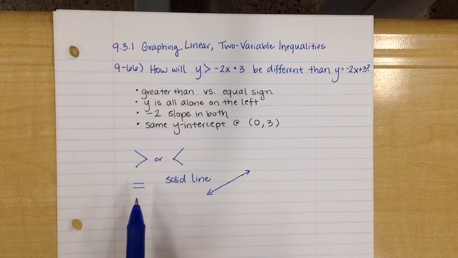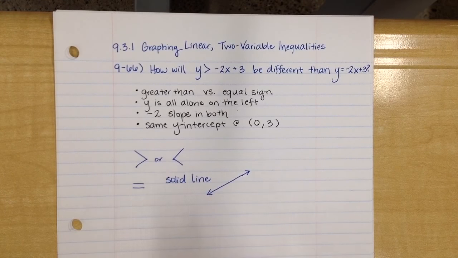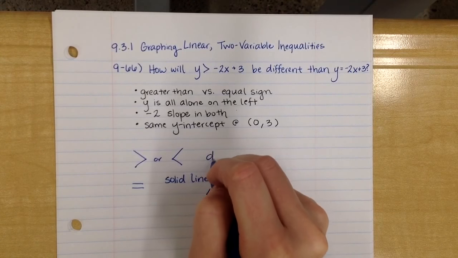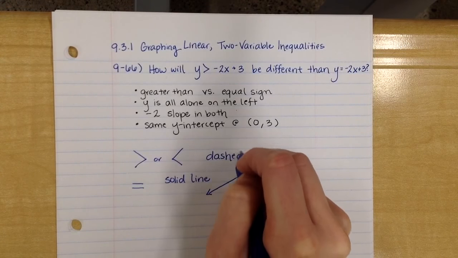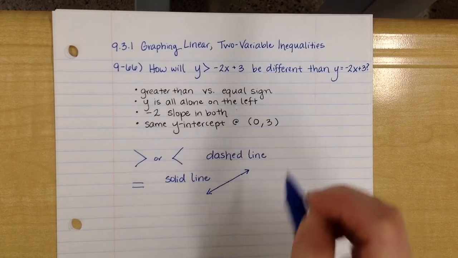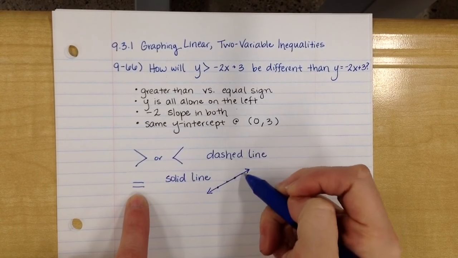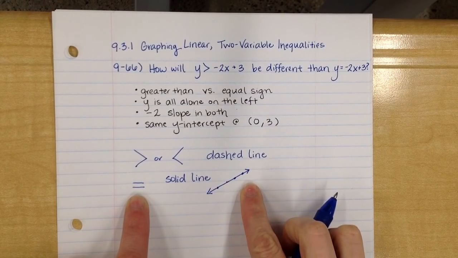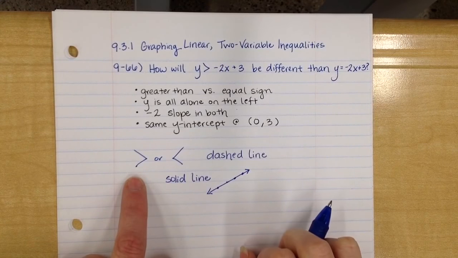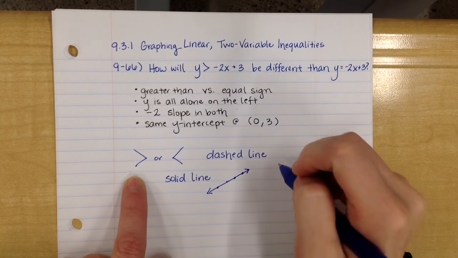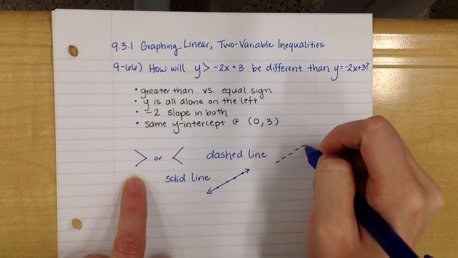Now, the cool thing about inequalities: it could be a greater than or a less than symbol, but if it doesn't have the equal sign as a part of it, it's always going to be a dashed line. Because the equal sign is saying, yes, all of these are possible solutions, but if it's greater than or less than, it's not actually a solution.